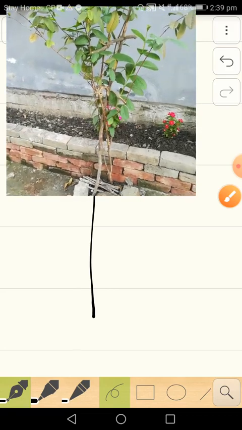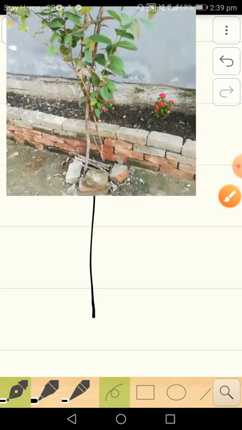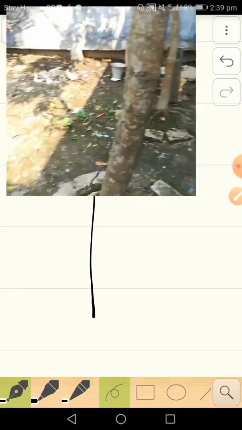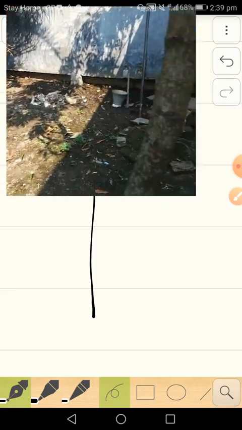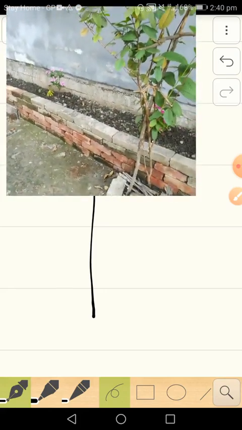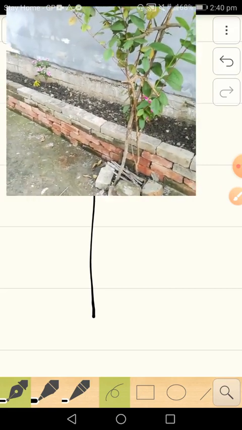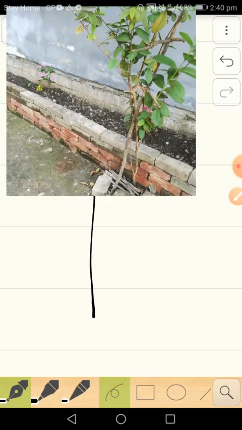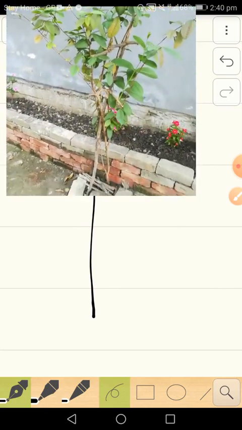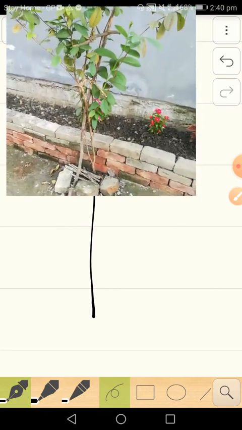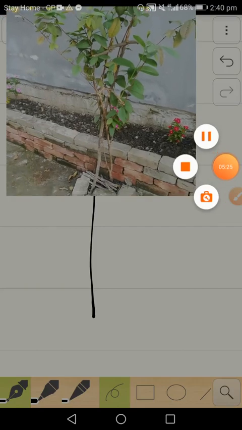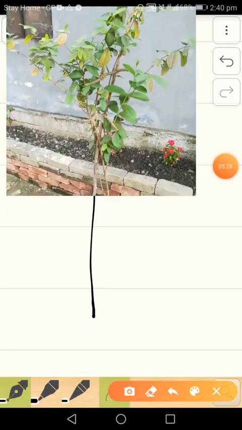The mineral salts are also transported in the same way. But food substances are transported in an opposite manner. How is the food substance transported?